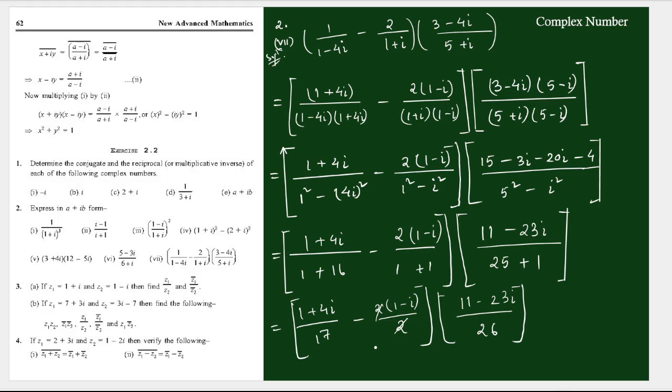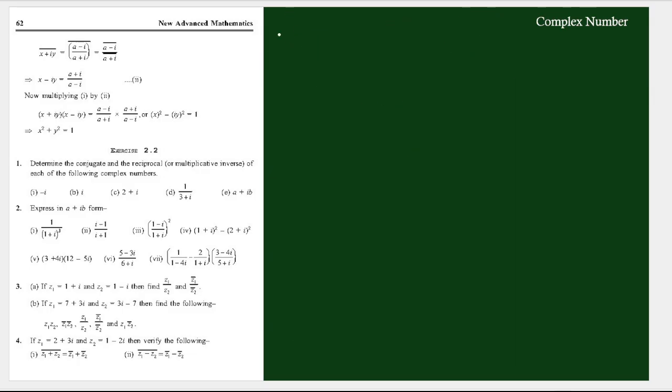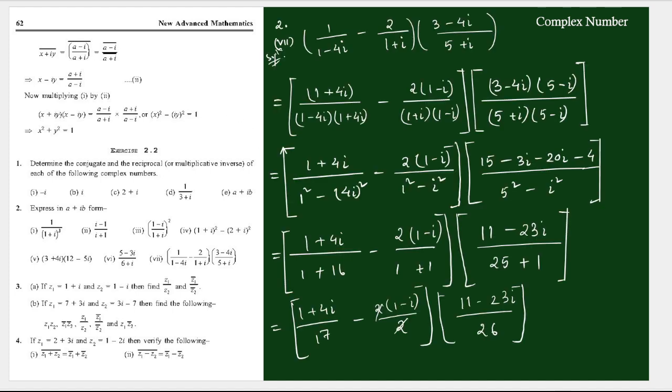Then in the next line, let me go to the next page. 1 plus 4i, right? 1 plus 4i by 17. And then what do we have?